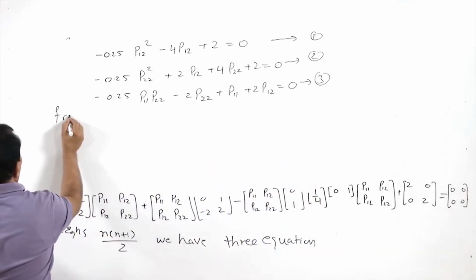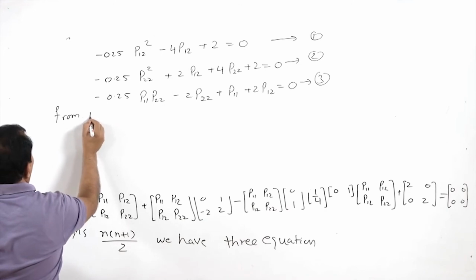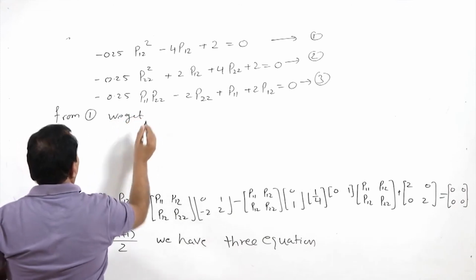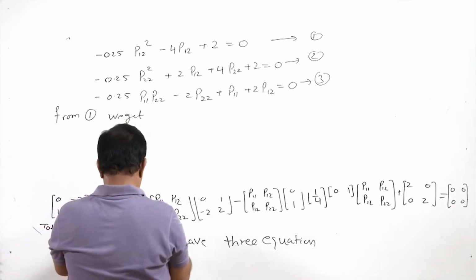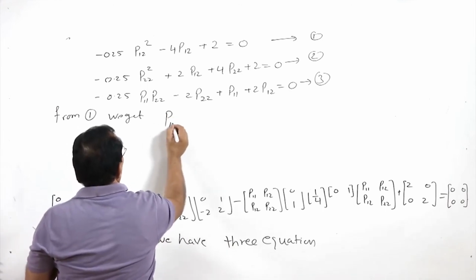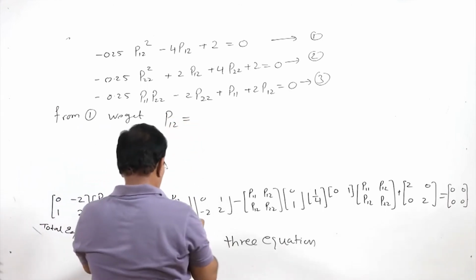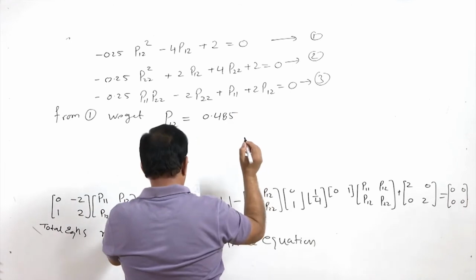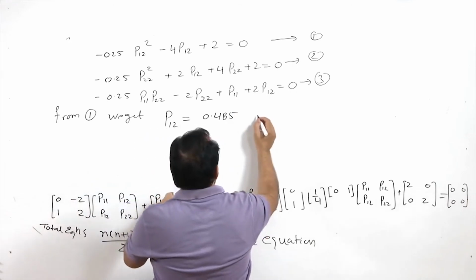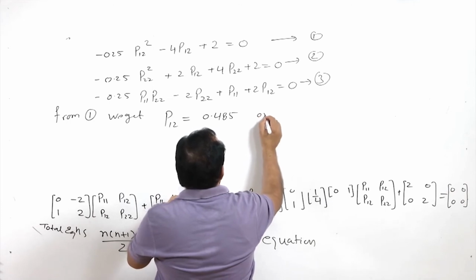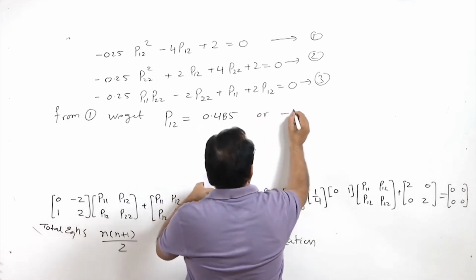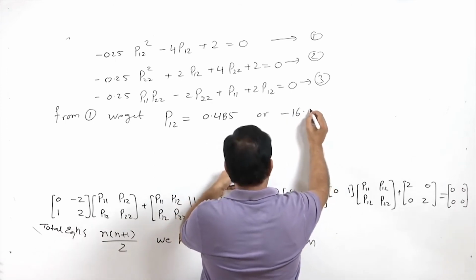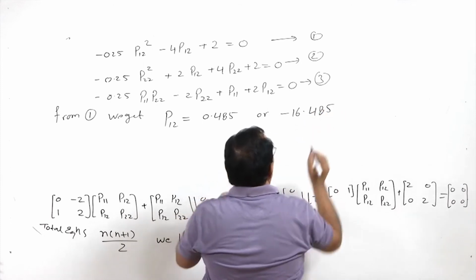So, from equation 1 we get the two values for P12. One is 0.485 and the other value is minus 16.485.